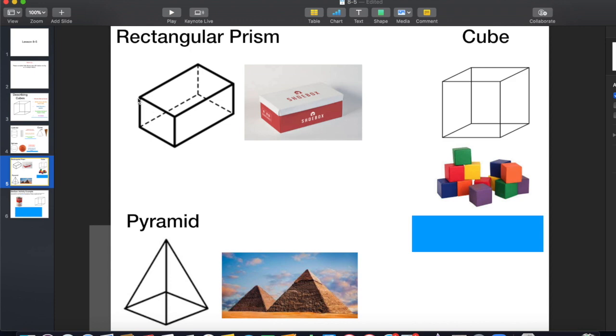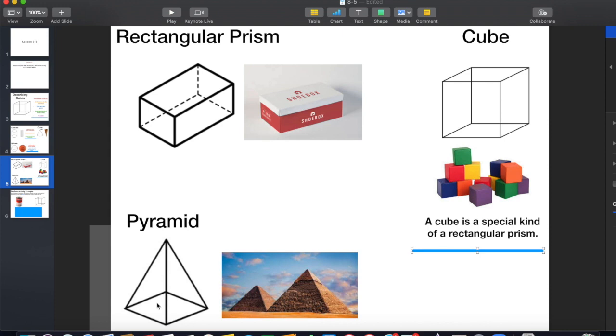Actually, in this picture, it looks like all of the faces are rectangles. But sometimes in a rectangular prism, you might see 2 of the faces are squares. The special part about a cube is that it has all the same attributes as a rectangular prism, except that it has to have all the sides, all the faces, squares. So it's really a special kind of rectangular prism.